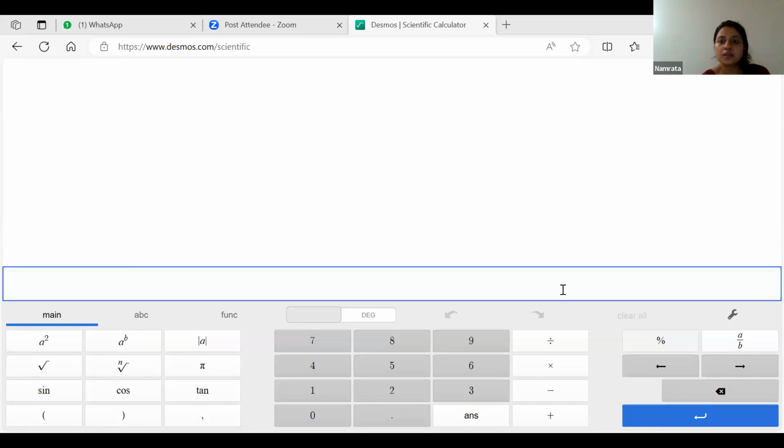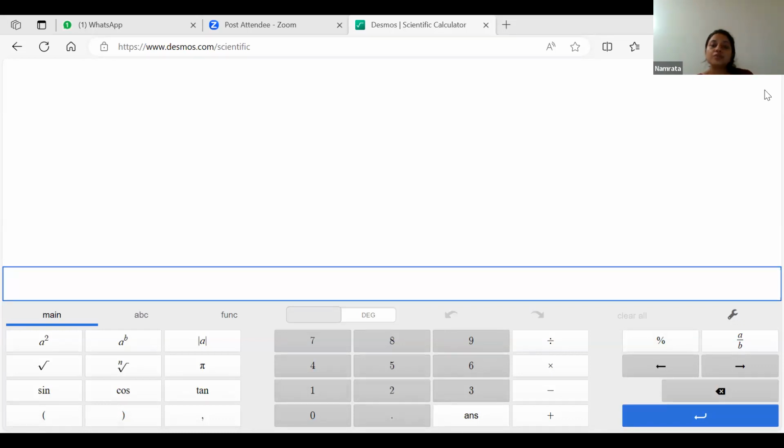Can you see the screen? Yes, ma'am. Now, I told you that the output of cos will always be between -1 to +1. Hence, we can find the output of sec x with the help of cos x. So it can be -1, it can be +1. That calculation is very simple. But what if you are taking a decimal number?